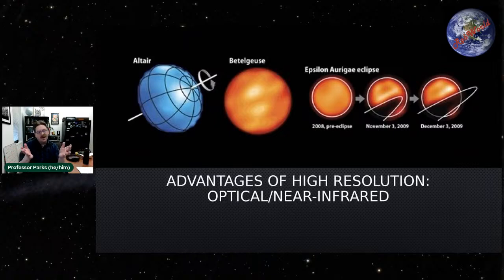It was a mystery, and one of the solutions was, all right, maybe it's a binary where you have this really big honking cool giant star, and then around it you have a smaller bluer star that is encapsulated in a disk. That was the idea.